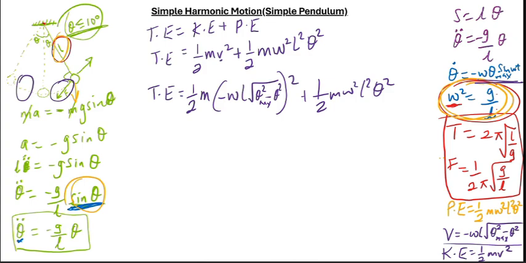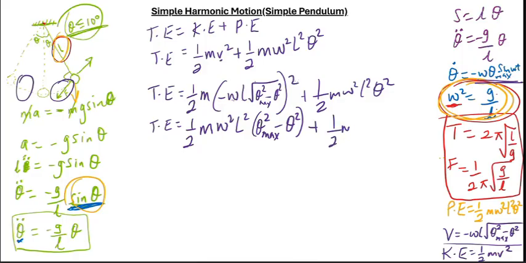Opening up the brackets, we have our total energy equals 1 over 2 m omega squared L squared times theta max squared minus theta squared, plus half m omega squared L squared theta squared. Minus times minus gives plus, and the square root cancels the square.